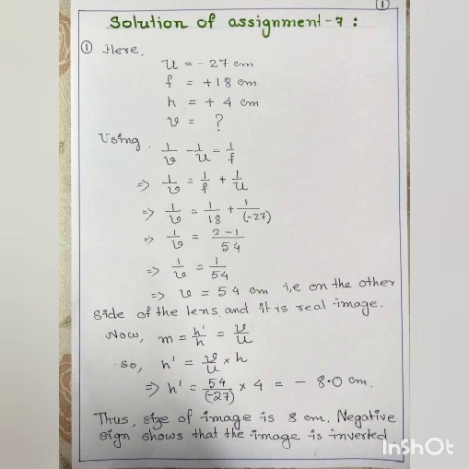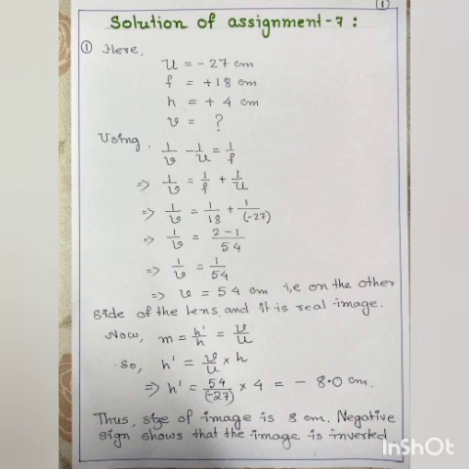Now we have to derive the size of the image, or height of the image. From the magnification relation we know m equals h prime by h equals v by u. So from this relation we get h prime equals v by u into h. Now again we have to substitute the values of v, u and h, but remember with their proper sign.